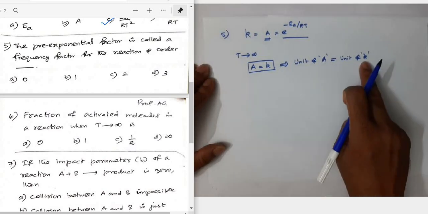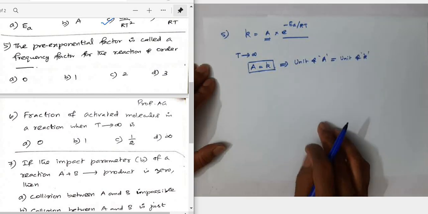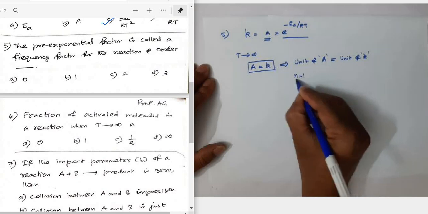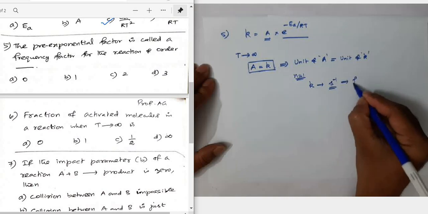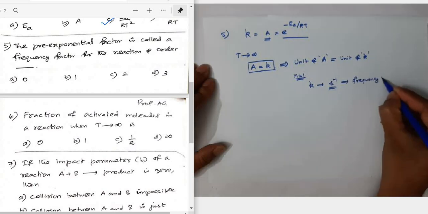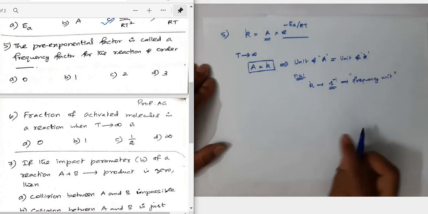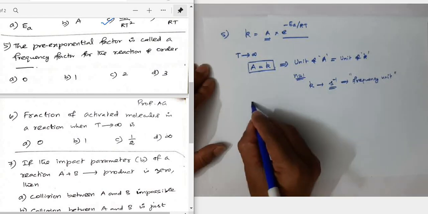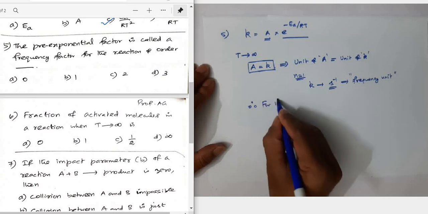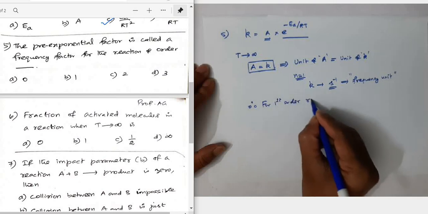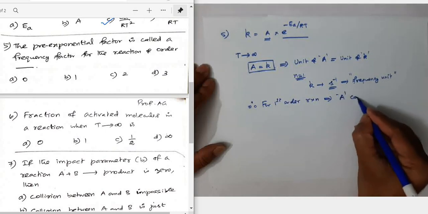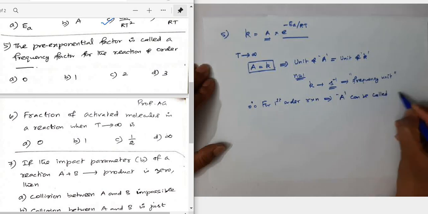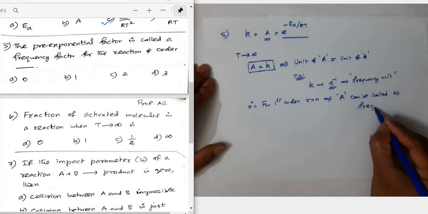And you know very well, for first order reaction, the unit of K is second inverse. For n equal to 1, the unit of rate constant is second inverse, and second inverse is the unit of frequency. It is a frequency unit. Therefore for first order reaction, the pre-exponential factor A can be called as frequency factor.